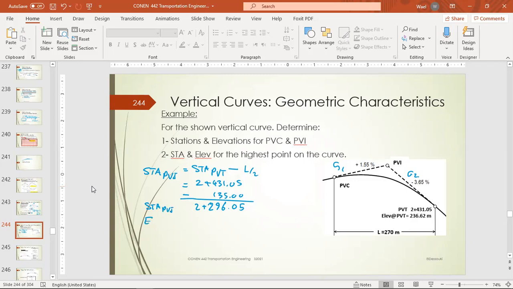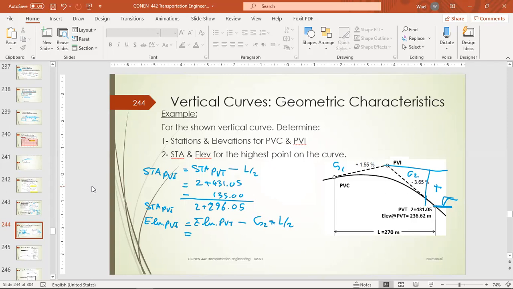So what's the elevation of BVI? It equals the elevation of this point plus this height. So it's basically the elevation of the BVT minus G2 multiplied by L over 2.